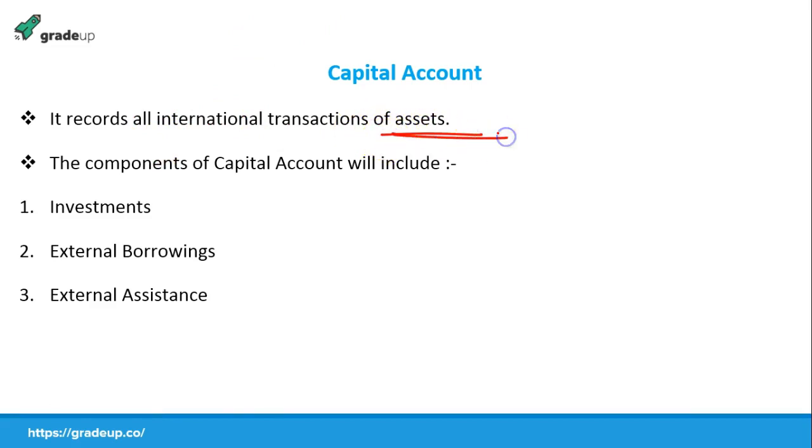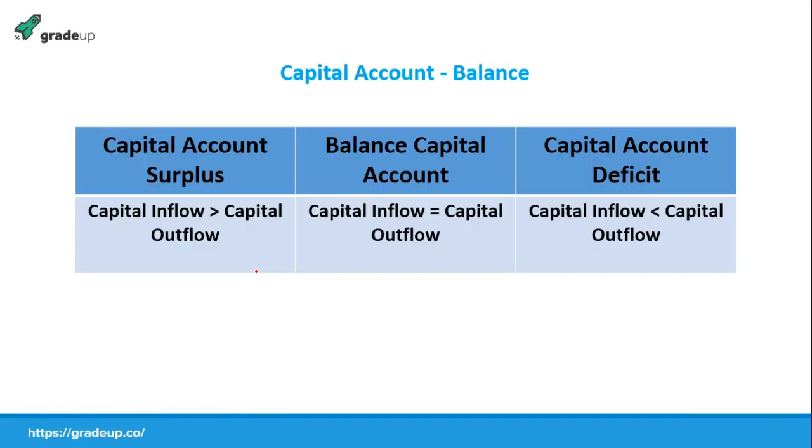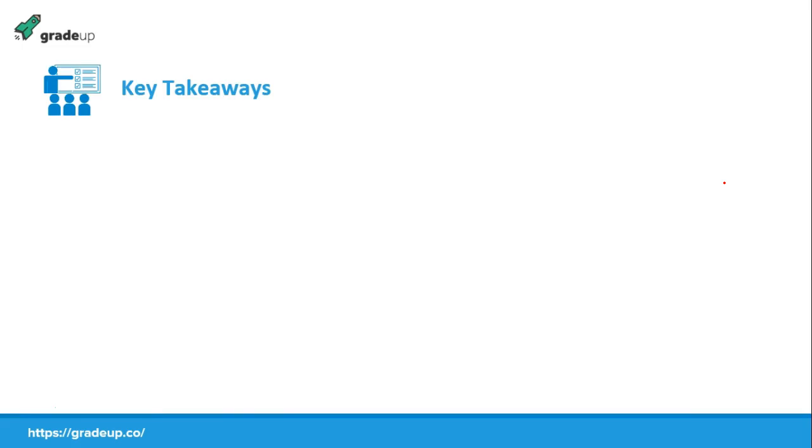This is not related to goods and services, but to assets. The components of the capital account include investments, external borrowings that we raise, and external help or assistance that we get from other countries or organizations. A capital account surplus is when capital inflow is more than capital outflow. Balance is when they are equal, and the opposite is capital inflow less than capital outflow, which is a capital account deficit.